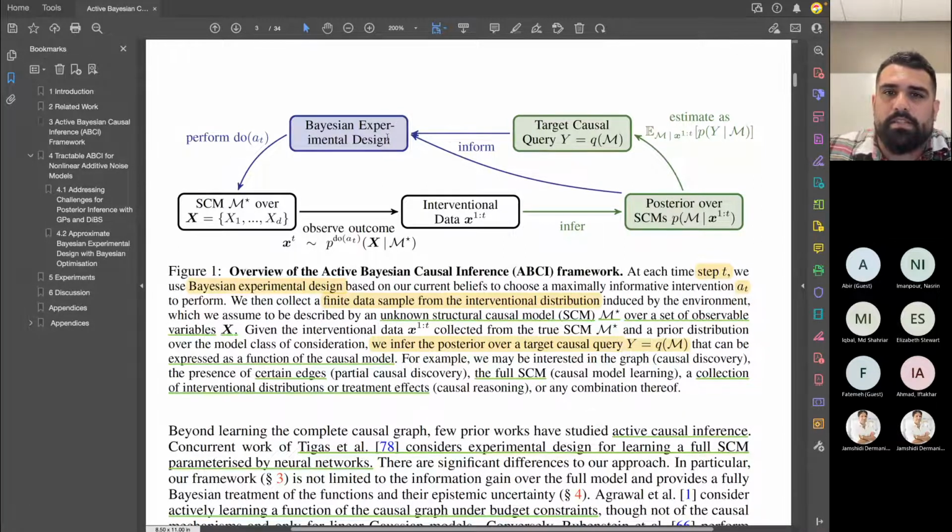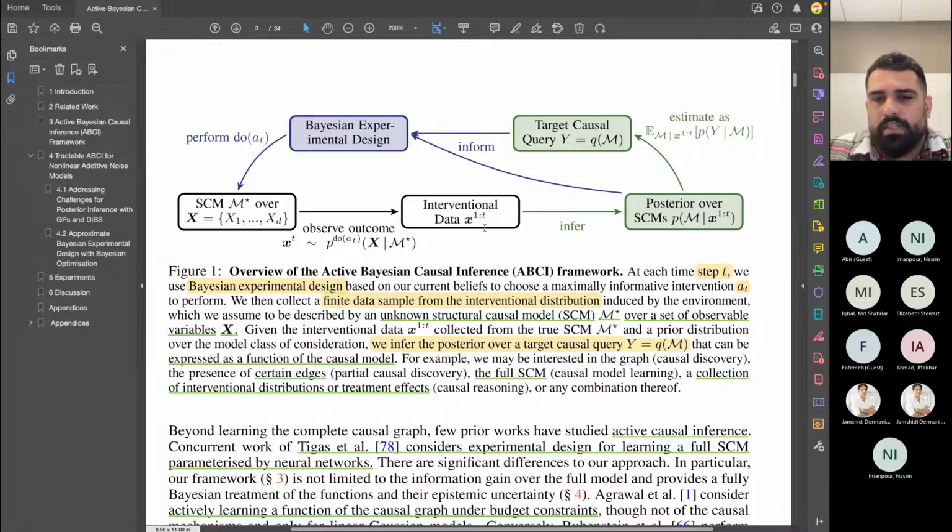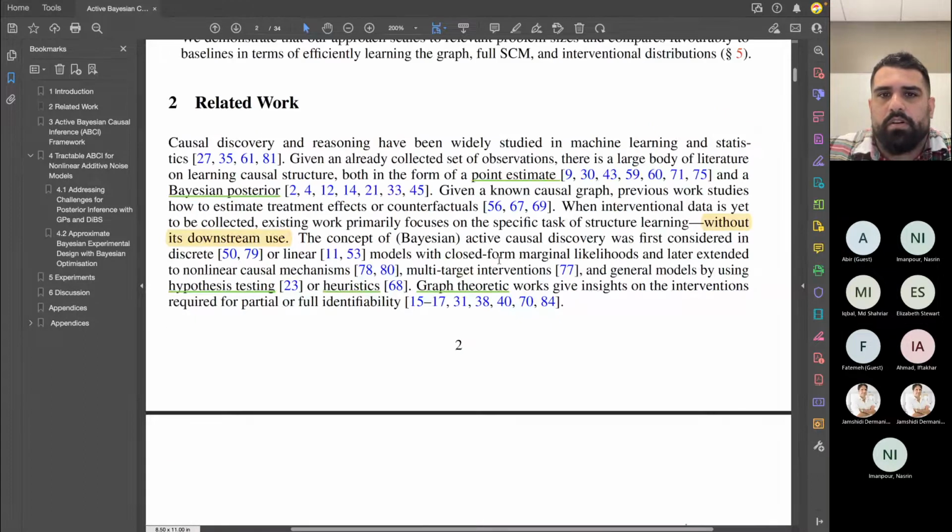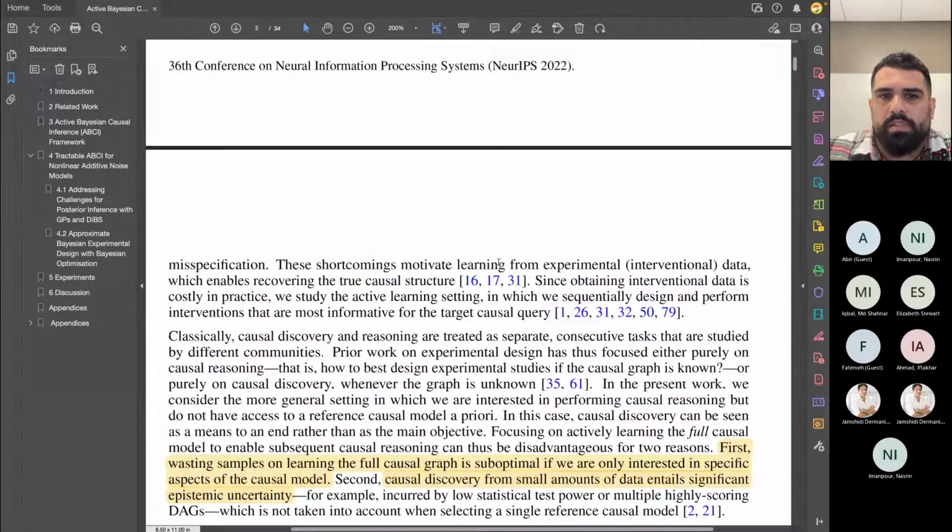So their experiment updates after each cycle and intervention. With a better experiment, using maximization of a utility function, they go through this cycle again: perform interventions, update the posterior, update the experiment. This is what they call the active Bayesian causal inference framework. This was an overview of what they proposed here.